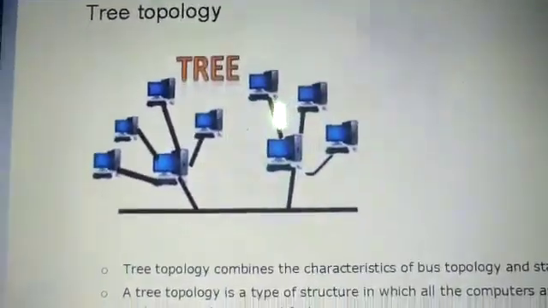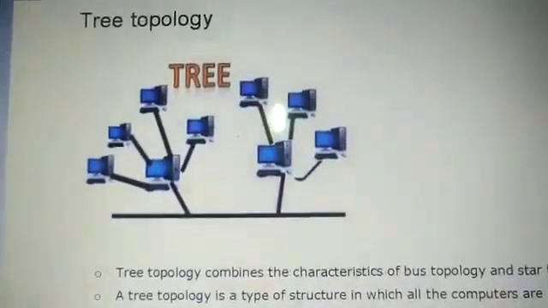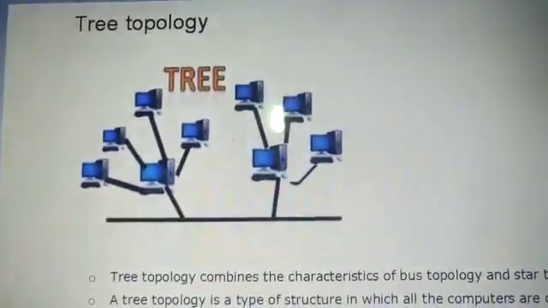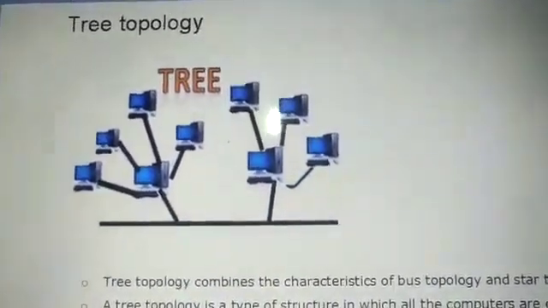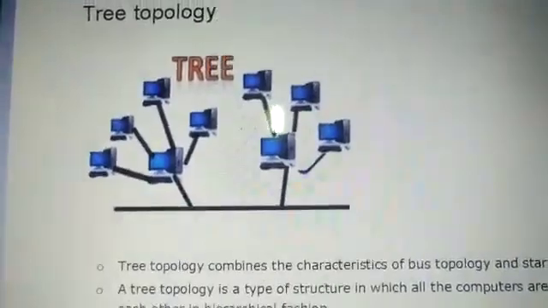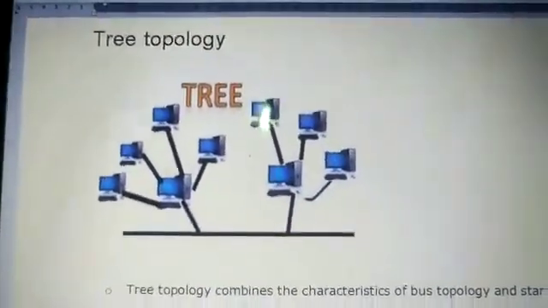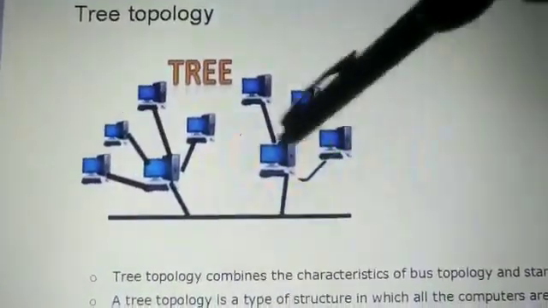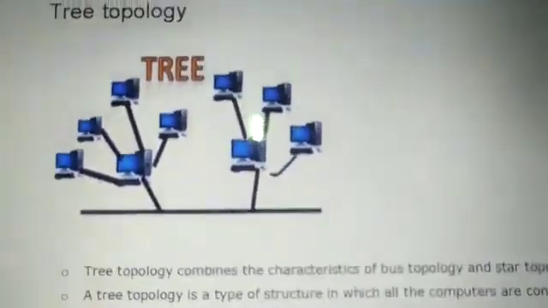This is a type of star topology, because in star topology the hub and client concept is there. So here also the hub and client concept is there. But in star topology only one hub is there, and many clients.